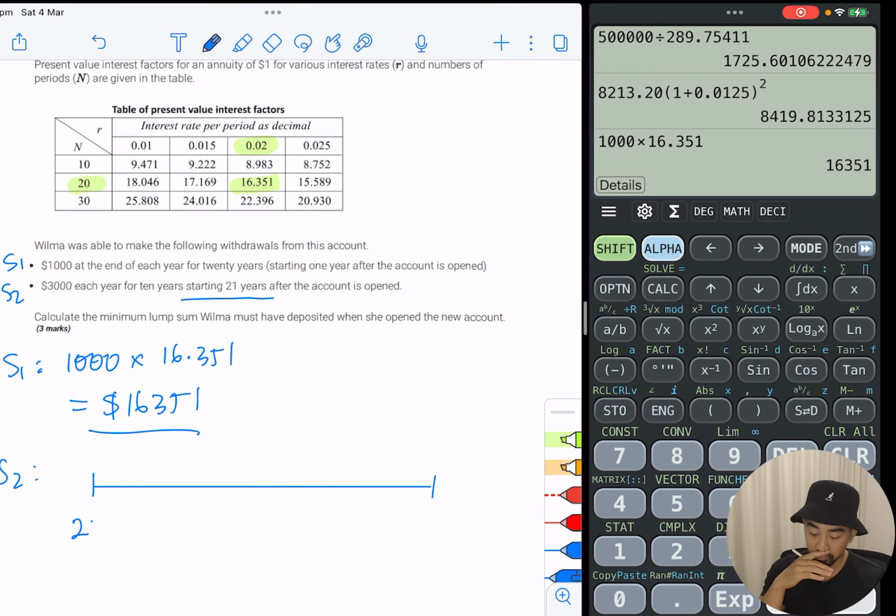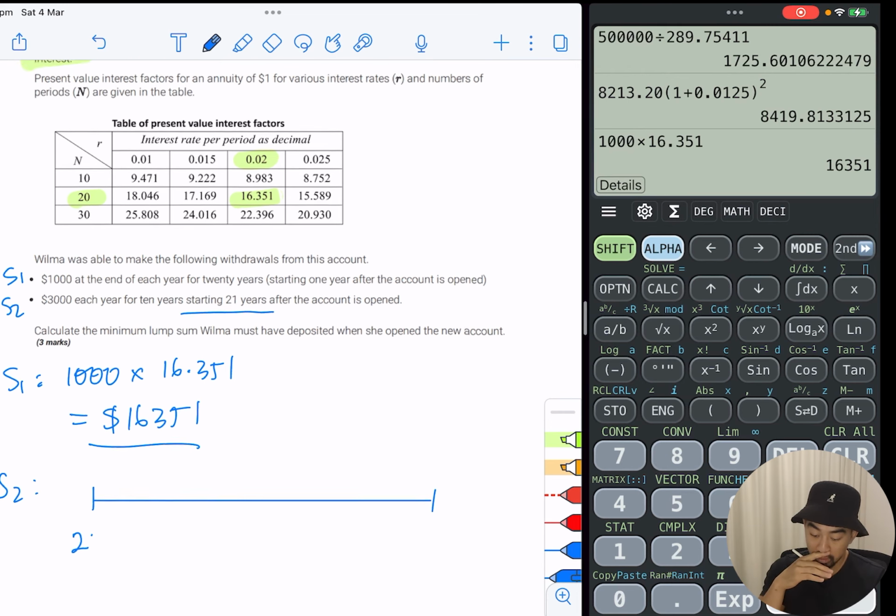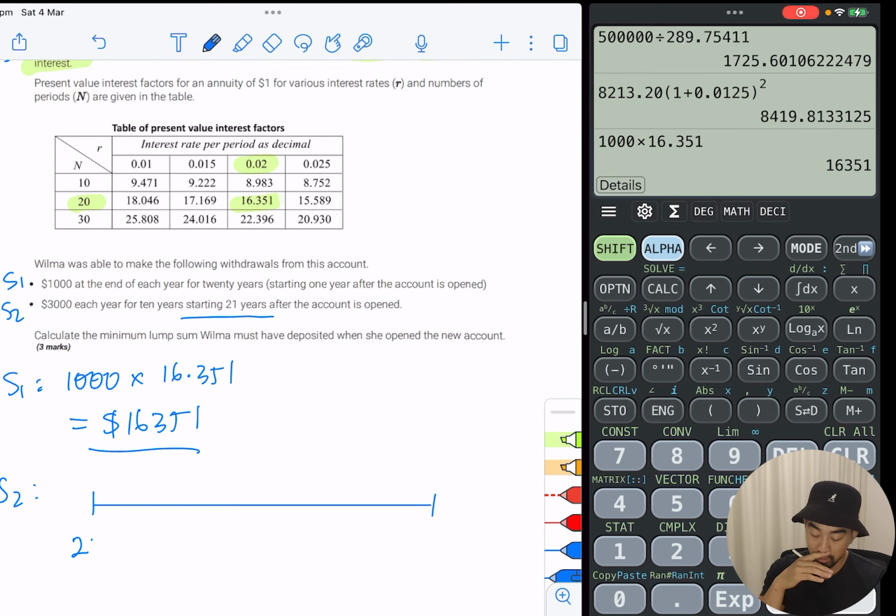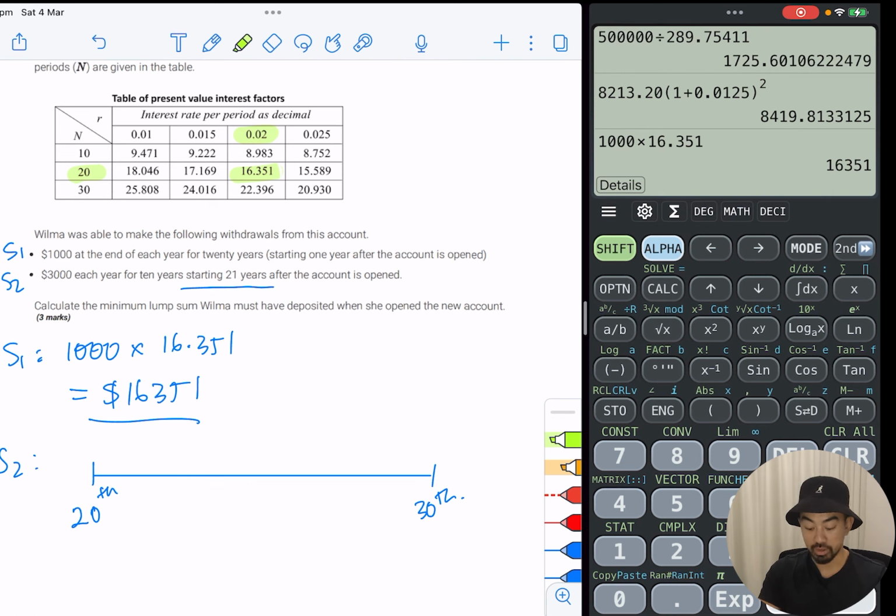So that's going to be, because she's making withdrawals at the end of each year, at the end of the 20th year, where she starts getting $3,000, and obviously to the 30th year. So we need to work out what the difference is in terms of the 30th year and the 20th year, because she's actually withdrawing more money during that period.